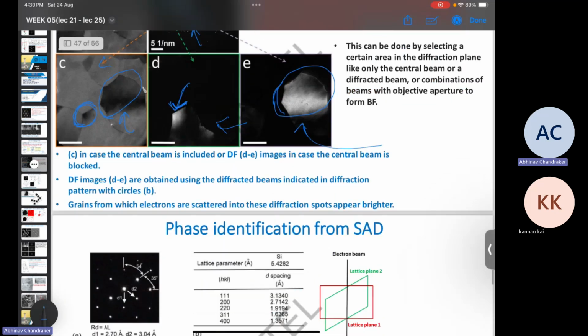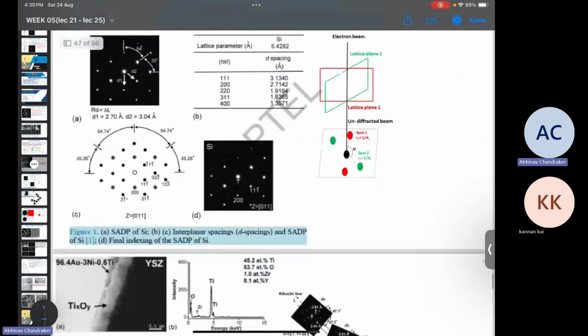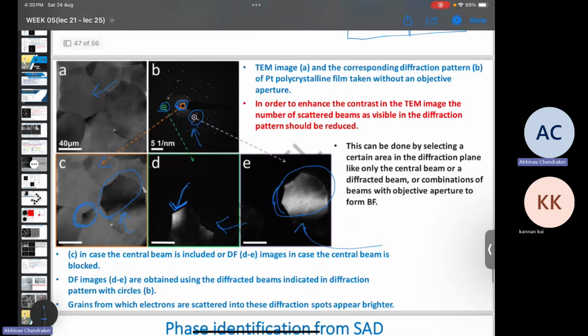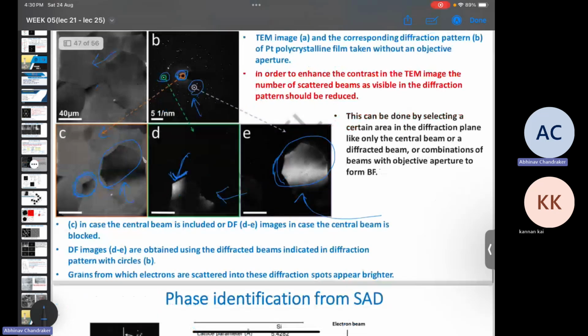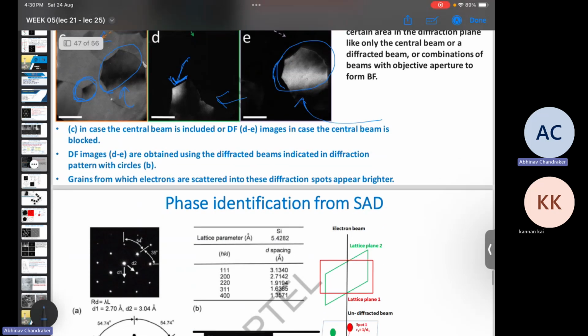I hope it makes a bit of sense, and I hope now it's more clear why we are getting these kinds of different images for bright field and dark field. Now that we have understood how diffraction happens and what are the multiple factors which affect the final diffraction pattern.